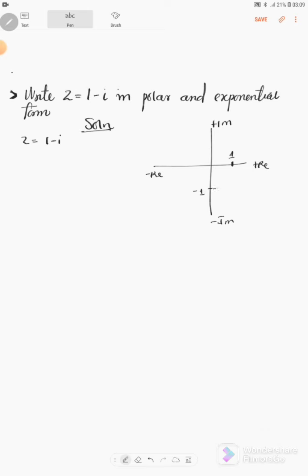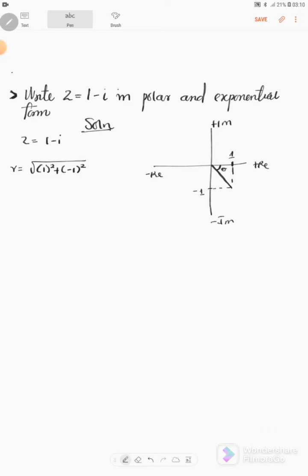That comes like this and below. Okay, our angle will be here, theta. Let's find our r. r equals the square root of a square plus b square. That's 1 square plus minus 1 square.